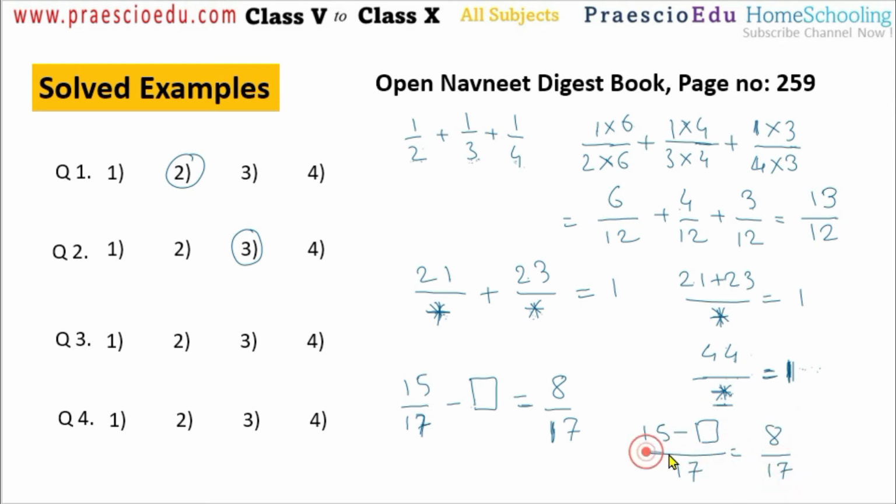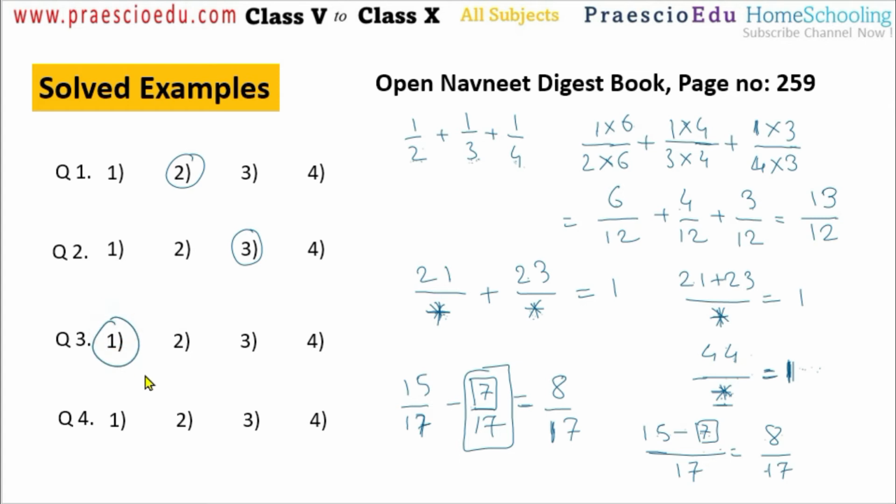Now we will consider only the numerators, because the denominator is the same. So 15 minus something is equal to 8. 15 minus 8 is 7, meaning 15 minus 7 is 8. So in the box there should be 7. So 7 by 17, and this fraction is given in option number 1.